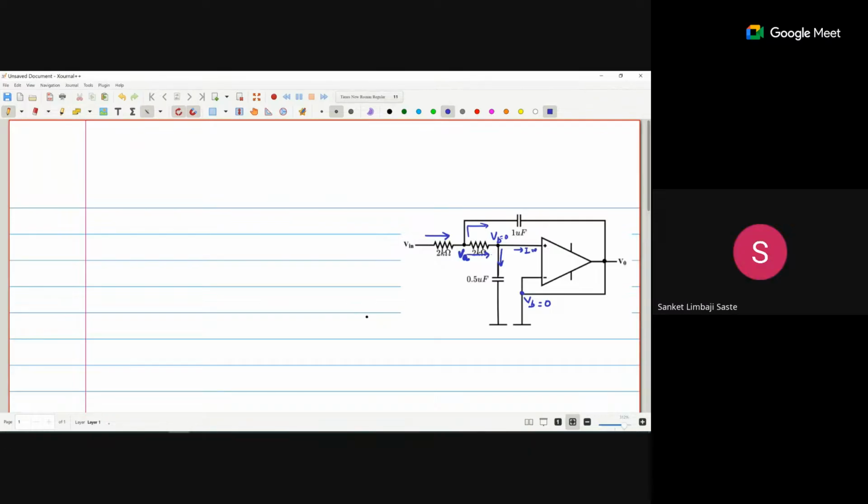Now apply that this is the I1 current, this is the I2 current, this is the I3 current, and this I3 current is equal to the I4 current. So I3 is equal to I4. This is one part. Second part is I1 is equal to I2 plus I3.